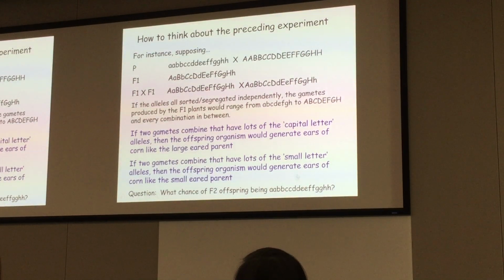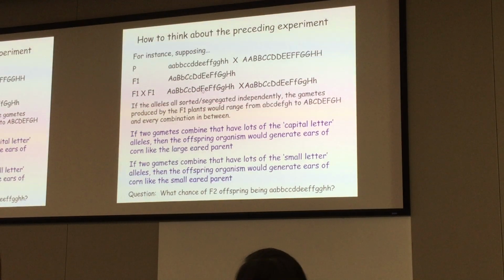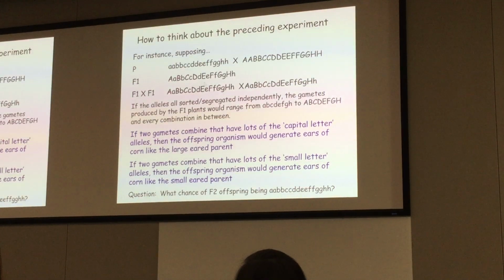And so you could do this type of calculation for almost any genotype that you'd be given. Okay, so you could have questions, what's the chance a certain type of gamete would be produced from this plant? Or you could ask the question, what's the chance an offspring would have a certain genotype? In that case, you'd have to consider the gametes from here and from here. So different questions will look at this in a slightly different way.